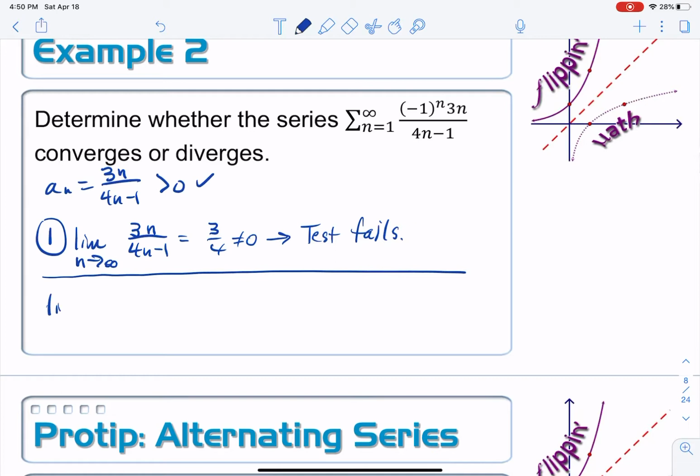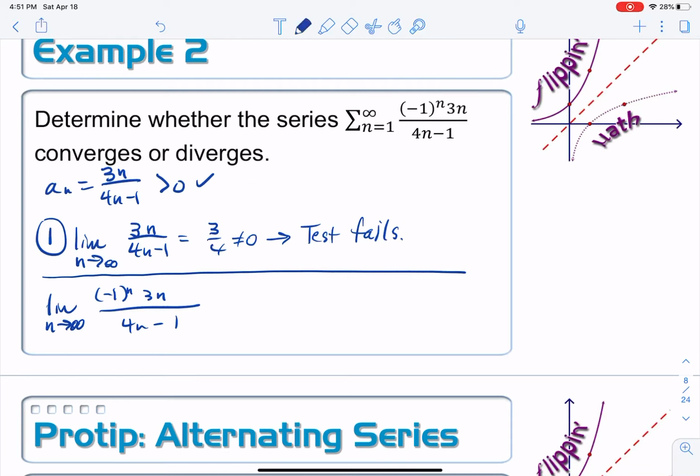So if I take the limit as n approaches infinity of negative 1 to the nth power times 3n over 4n minus 1, well, we know that without the alternator, so just ignore this part right there, these terms are approaching 3/4. But then as n approaches infinity, the alternator is going to switch back and forth between plus and minus, plus and minus, plus and minus.